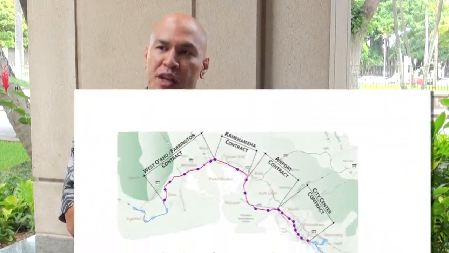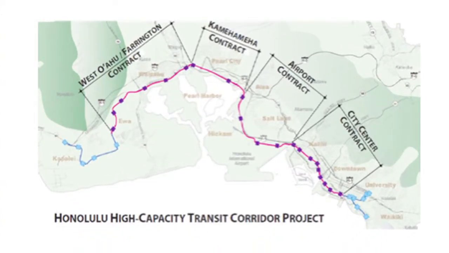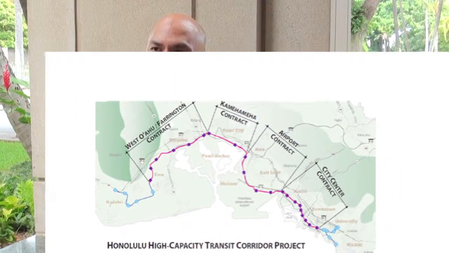Sure. So the project is 20 miles broken out into 4 sections, 4 phases. The first section is our West Oahu Farrington Highway section. It's 7 miles, out at the Ewa end, East Kapolei to Pearl Ridge, Pearl Highlands, right at the H2, H1 merge area.